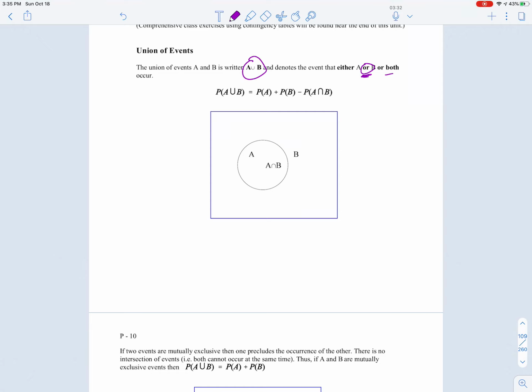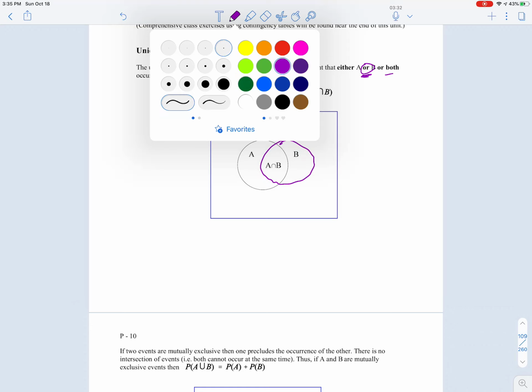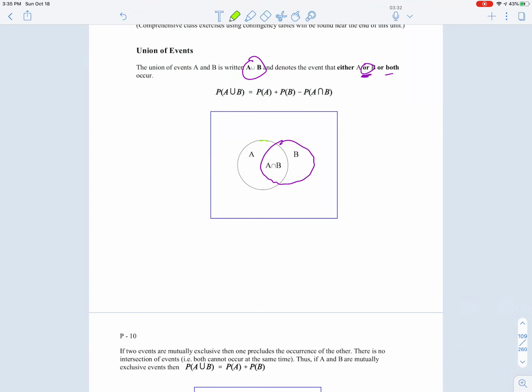So let's draw this circle here. So this would be B, and I'm going to use another color here to show that the union is all of this stuff in here. So A or B occurs like that.